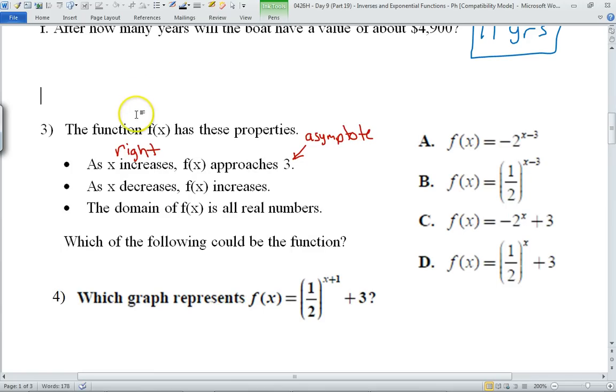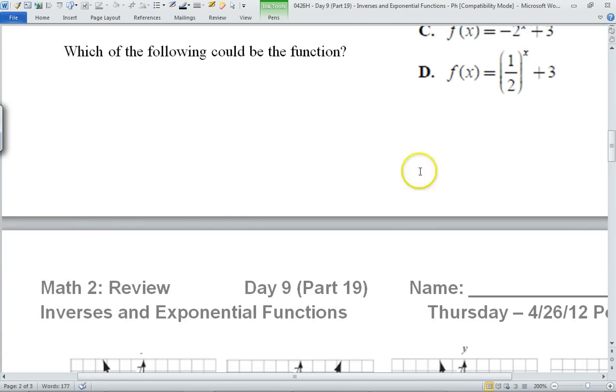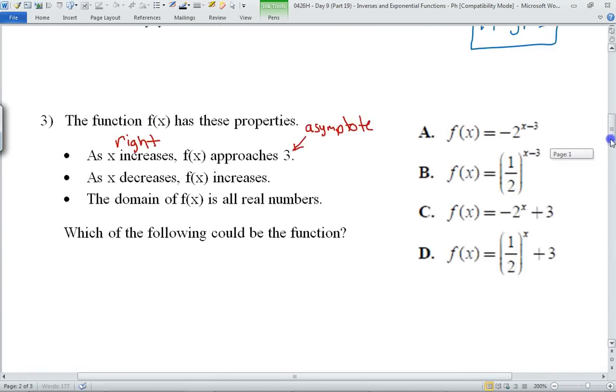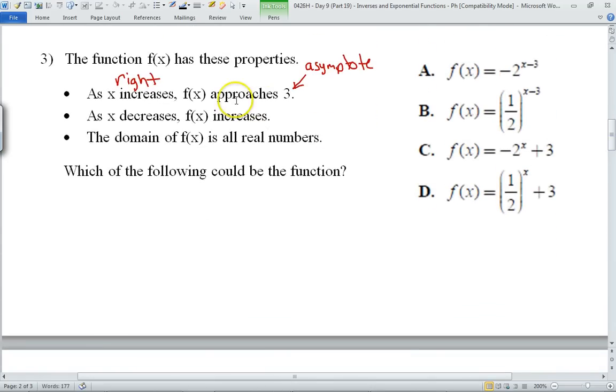Let me move this down so I have some more space. Okay, so from that information alone, I know there's an asymptote at 3. So here's a graph, 1, 2, 3.